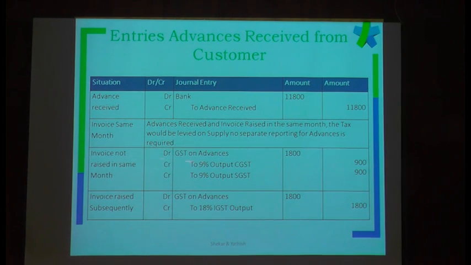So once an advance comes, I will have to make a payment. On all advances, I need to show a breakup immediately as I receive the advance, and one entry for advances has to be passed in my books of accounts. That is where I call GST on advances 1,800 to 9% output CGST and 9% output SGST.